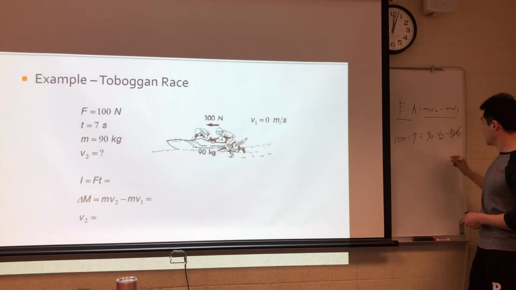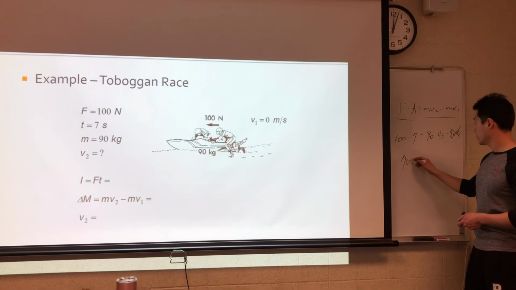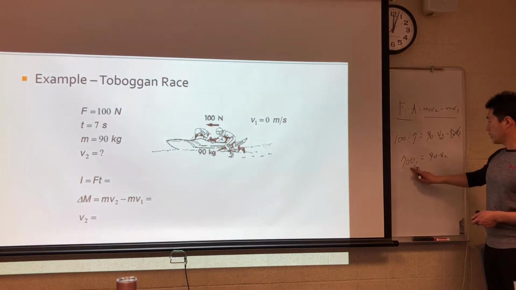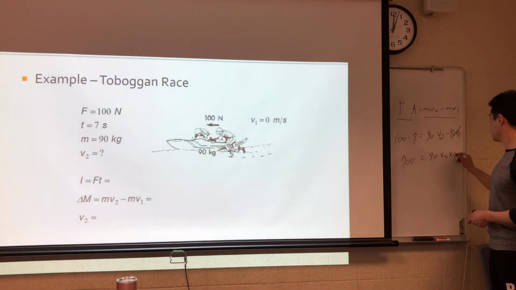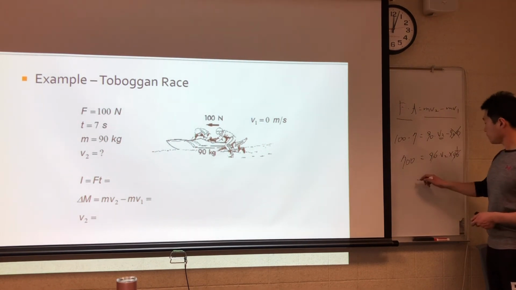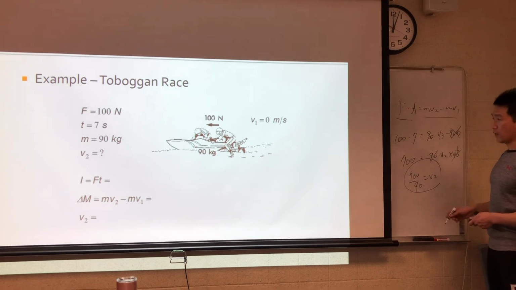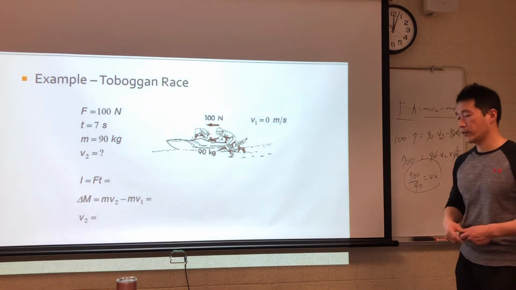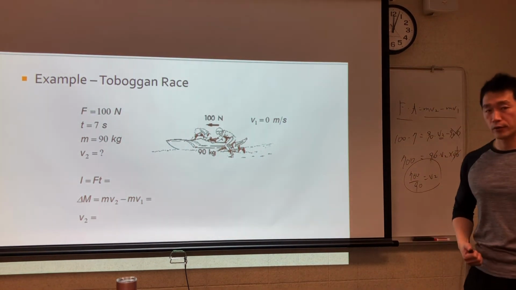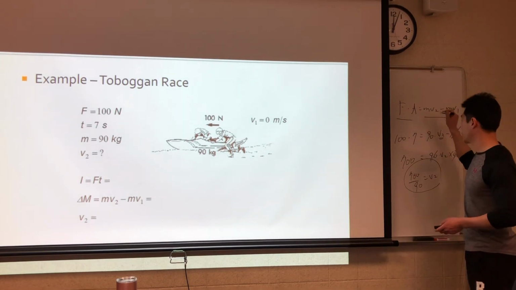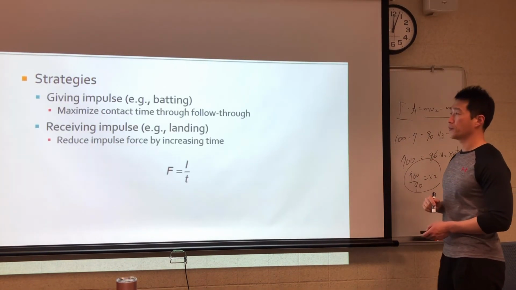It can be gone. So 700 equals 90 v2. If you divide this by 90, the answer will be 700 Newton-seconds divided by 90, which is their final velocity by the time they jump into the toboggan. Impulse will change linear momentum.